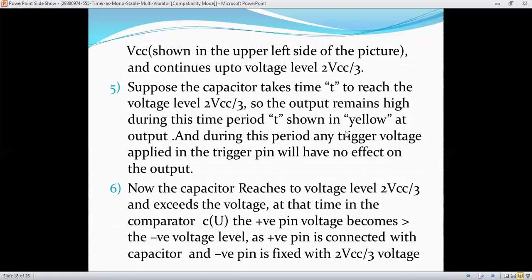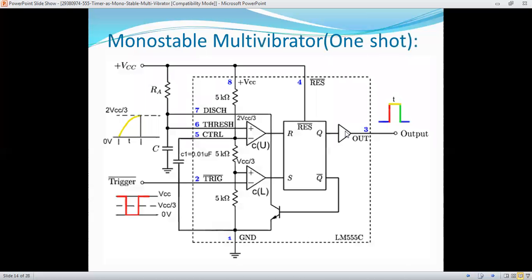Suppose the capacitor takes time T to reach the voltage level 2 by 3 VCC. The output remains high during the time period T, shown in yellow. This is the time period when the capacitor is charging, gradually increasing to 2 by 3 VCC. Then it suddenly goes down to zero.